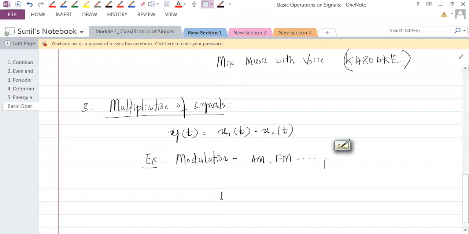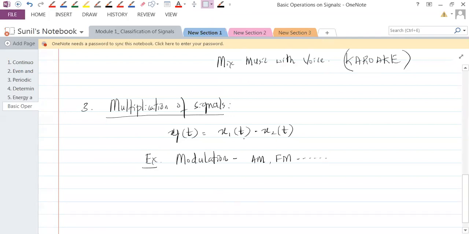See, my voice, if it has to be transmitted over a longer distance, cannot be transmitted as it is, because since it is a low frequency signal, it cannot reach a far destination. So you need to modulate this signal. Modulating this signal means you are making this voice signal sit on a carrier, and that carrier carries it to a large distance.